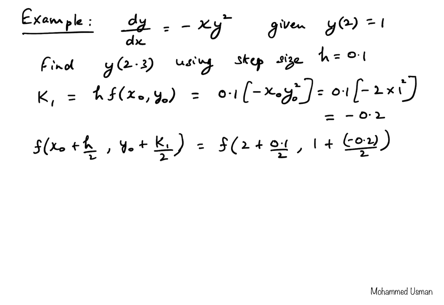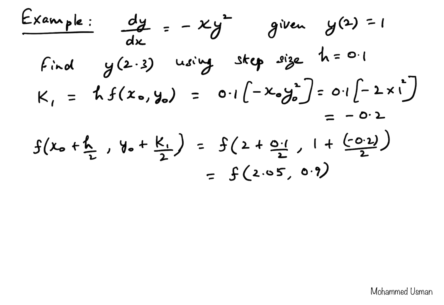So that is f of 2 plus 0.1 by 2, which is 2.05, comma, 1 minus 0.2 by 2, which is 1 minus 0.1, which is 0.9. So we need to evaluate f of 2.05 comma 0.9.